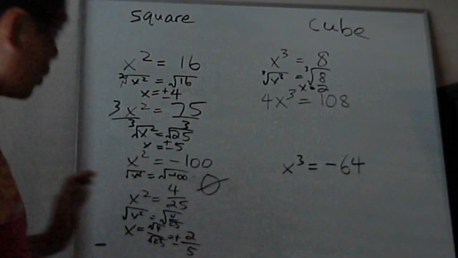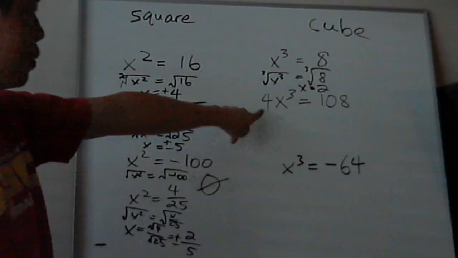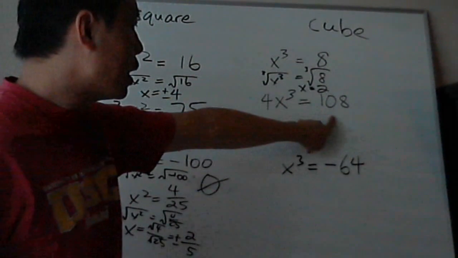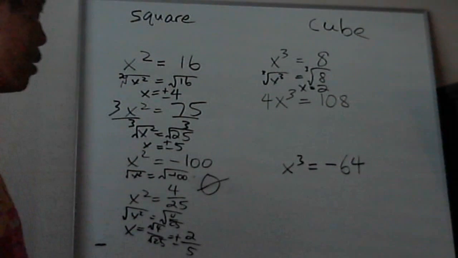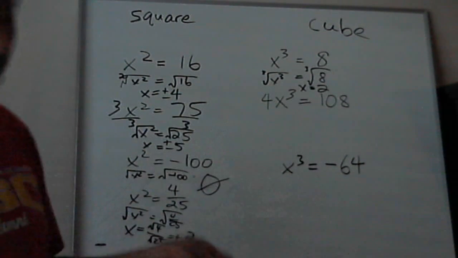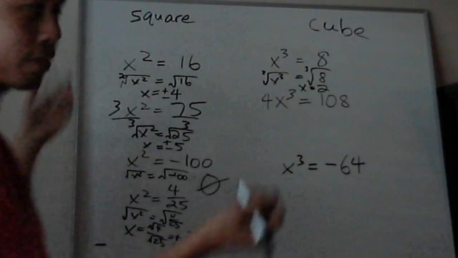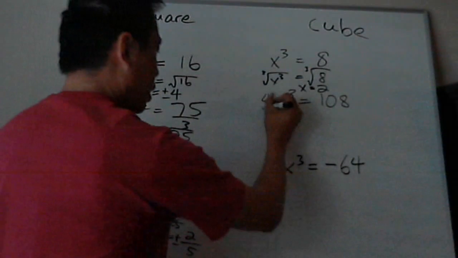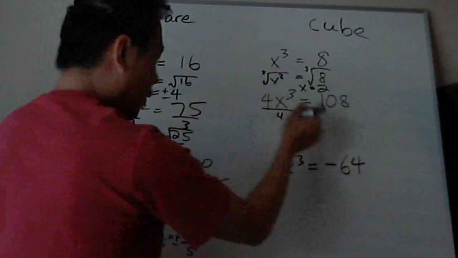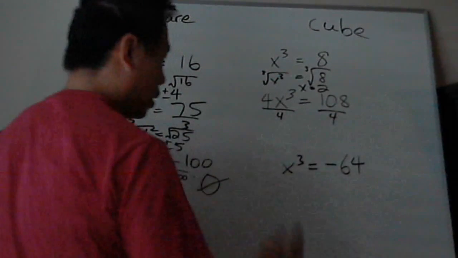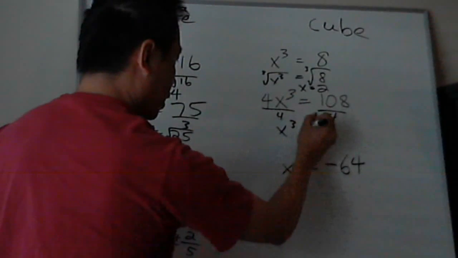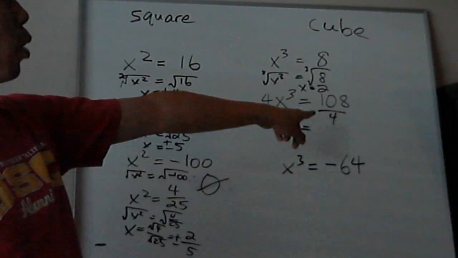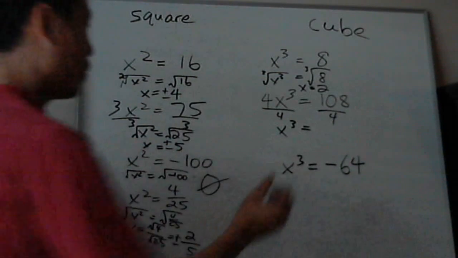Okay? So let's go to the next problem. So we have 4x cubed equals 108. Okay? So what do you do first? Same thing over here. You divide by 4 here, because there's 4 times, so you divide. And so you get x cubed equals 108 over 4, which is 27. Okay?